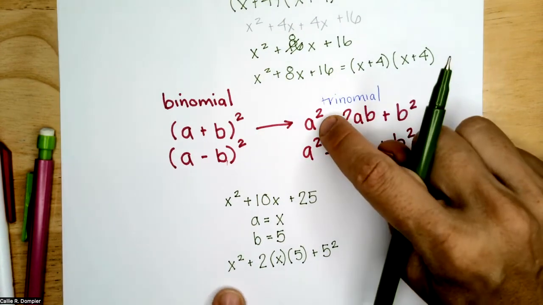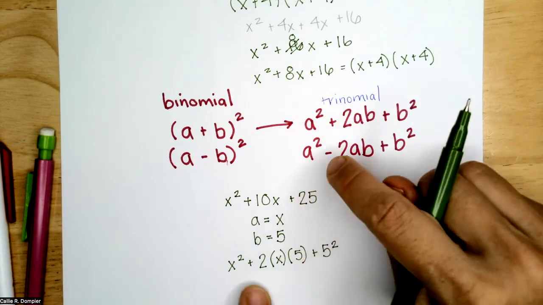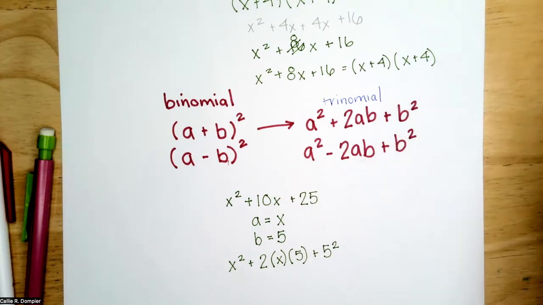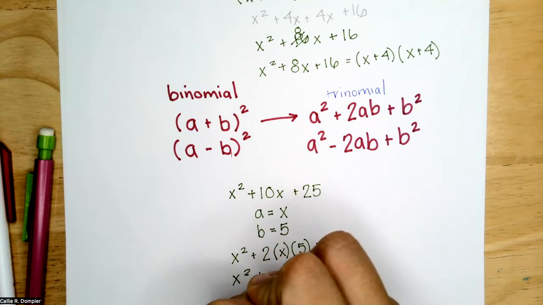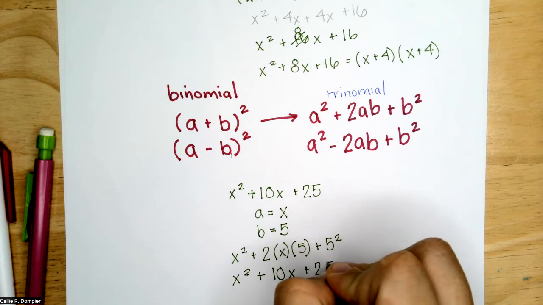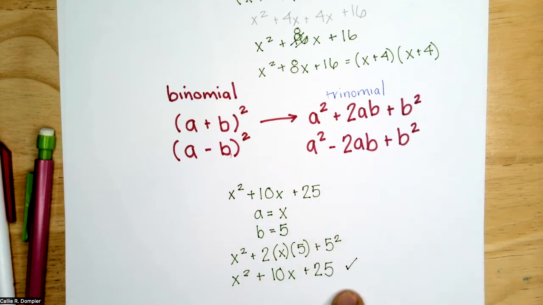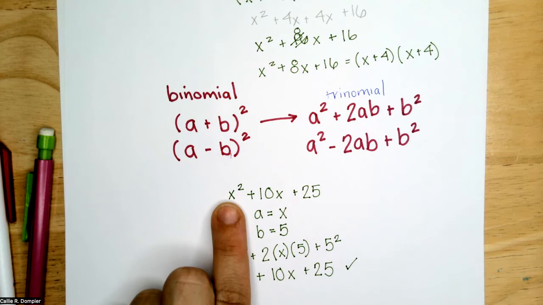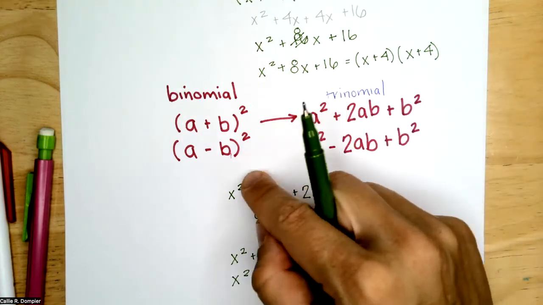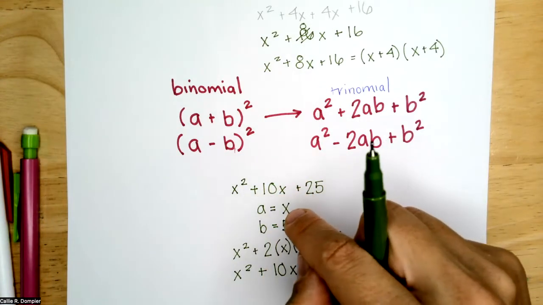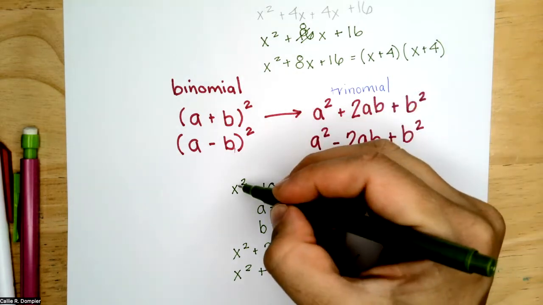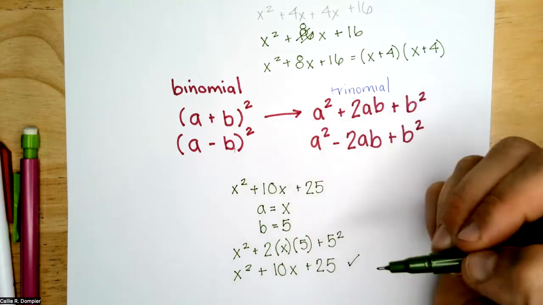Because here's my a squared, here's my 2 times a times b, and here's my b squared. X squared plus 2 times 5 is 10. 5 squared is 25. So what you want to do when you see that x squared is a perfect square and that 25 is a perfect square is look and say, is 10x the same as 2 times x times 5? Find my a, find my b, see if this is 2 times a times b.